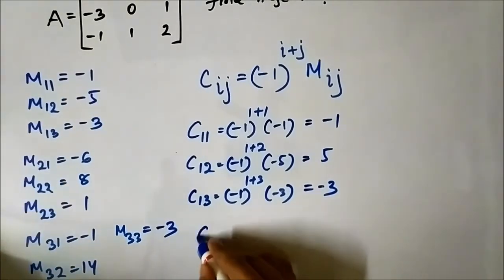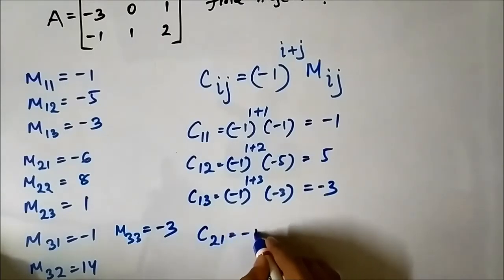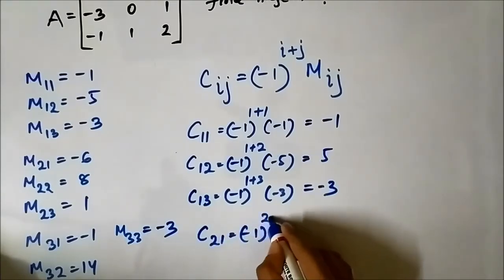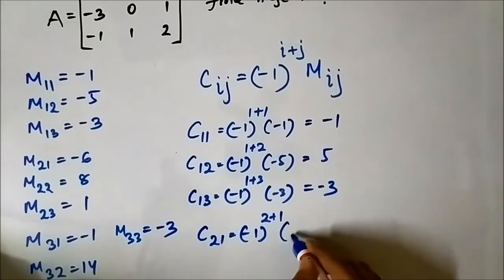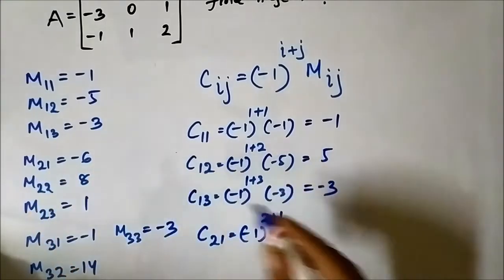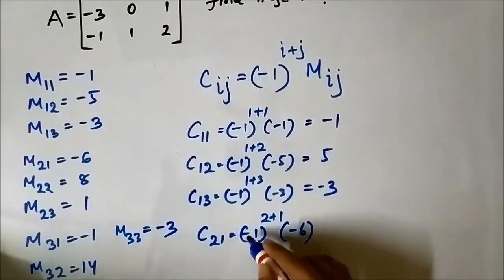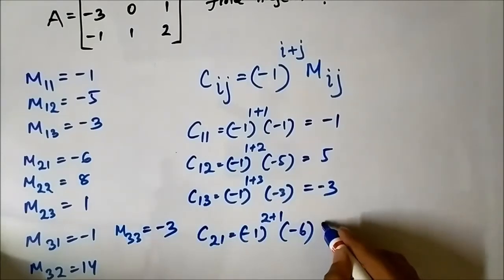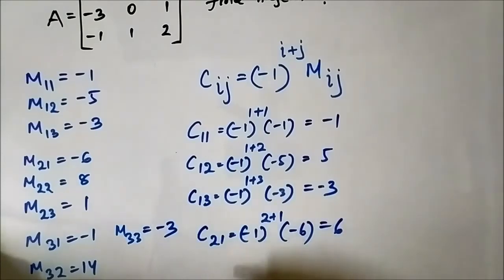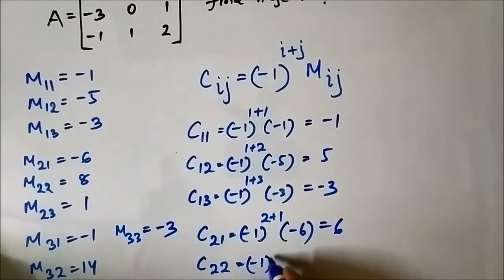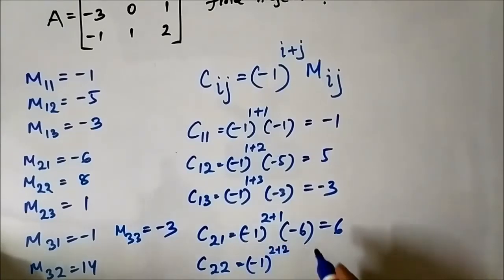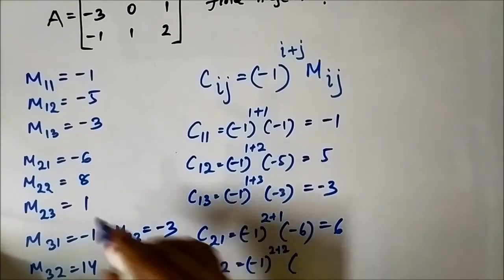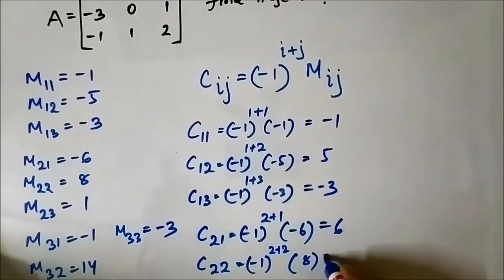Similarly, C21 is equal to minus 1 to the power 2 plus 1 into the corresponding minor, which is minus 6, so it is minus 1 into minus 6, which becomes 6. Similarly, C22 is equal to minus 1 to the power 2 plus 2 into the corresponding minor, which is 8, so it becomes 8.